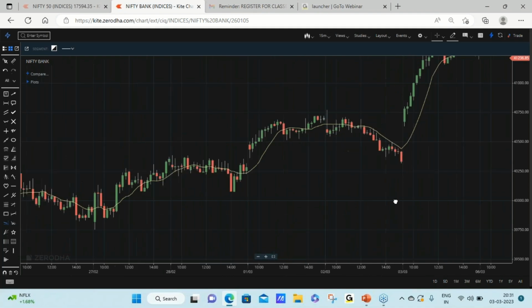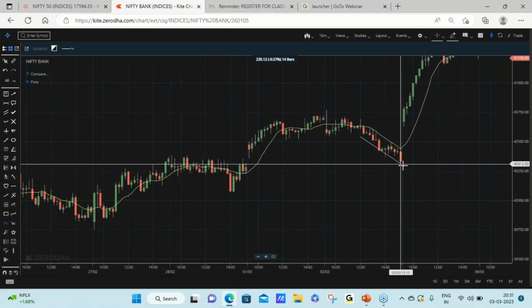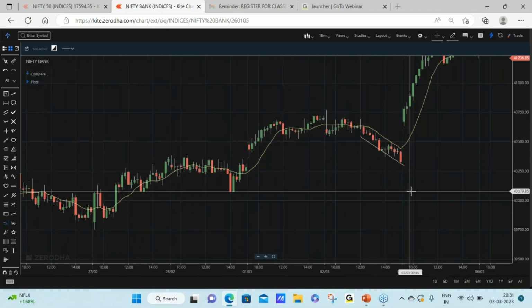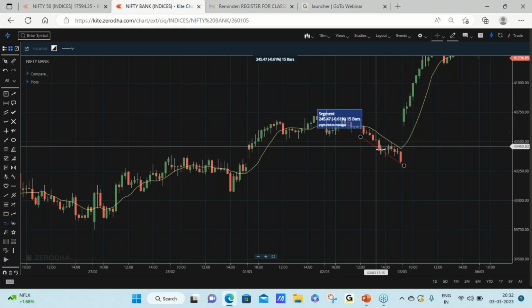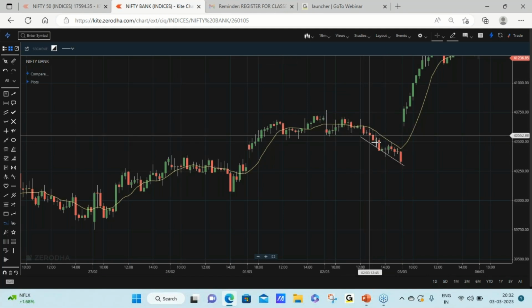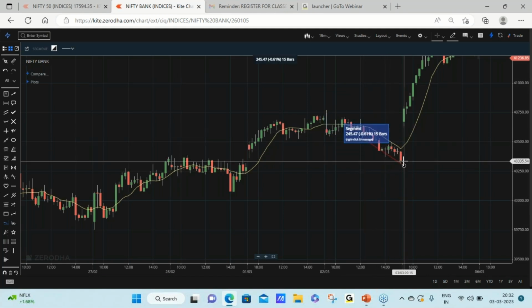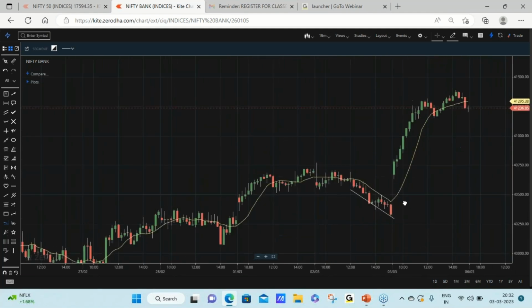Say, for example, don't you think these candles are below 10 SMA? Do you have candles closing below 10 SMA all this while, and suddenly a candle closes above 10 SMA? Which is the first candle which closed above 10 SMA today?